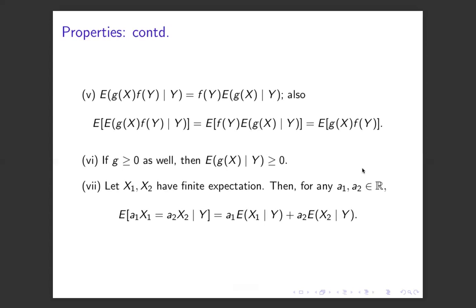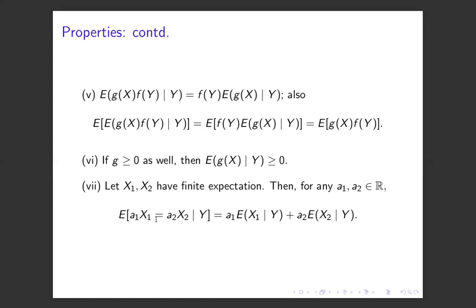Let X1 and X2 have finite expectation, then for any real constants a1, a2, sorry, there is an error here. This is not equal to, this should be a plus. Please correct it. The conditional expectation of a1 X1 plus a2 X2 given Y, this is a plus here.